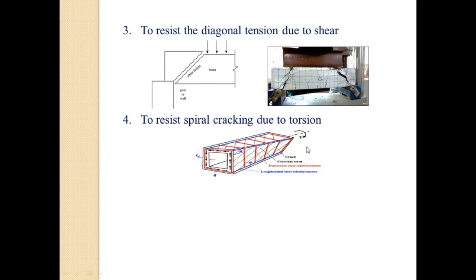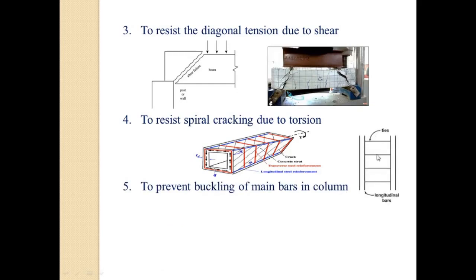Next is to prevent the buckling of main bars in columns. As we discussed earlier, long columns fail due to buckling. To avoid the buckling of the longitudinal bars, we provide lateral ties in the form of rectangular or circular ties to prevent the buckling of these main bars in the column.